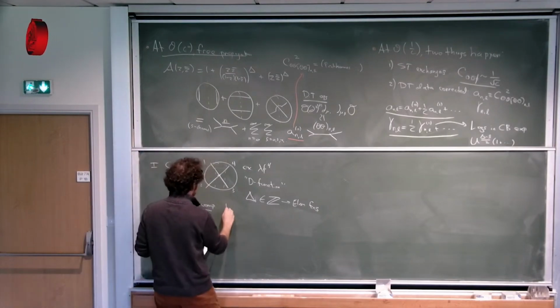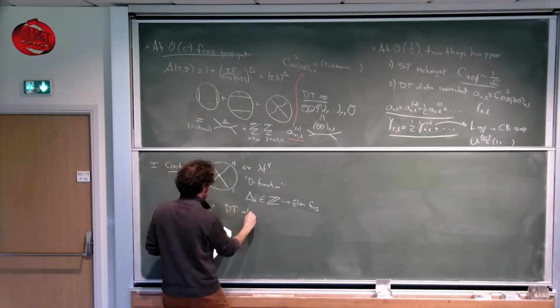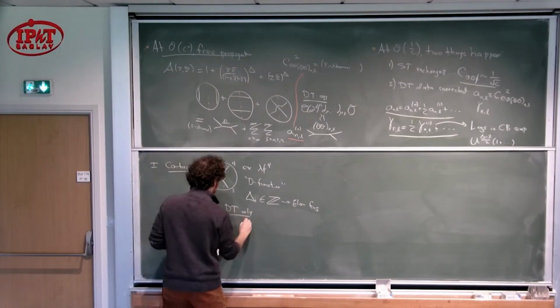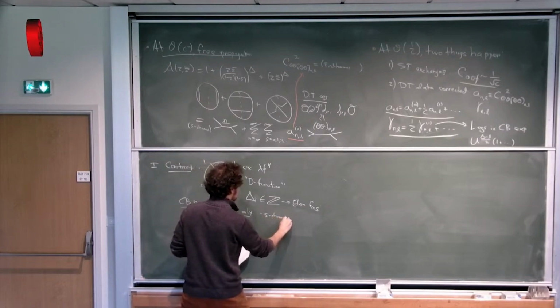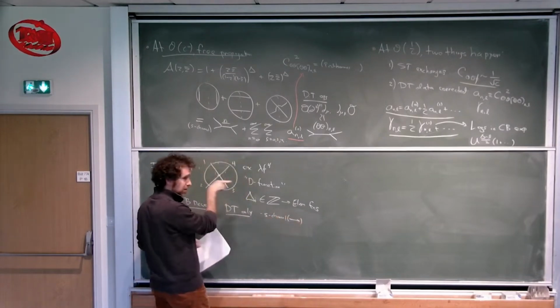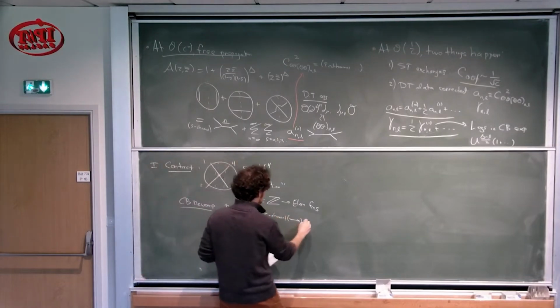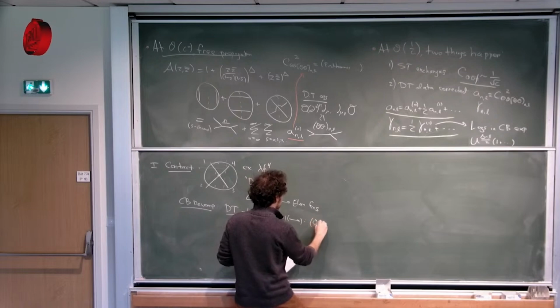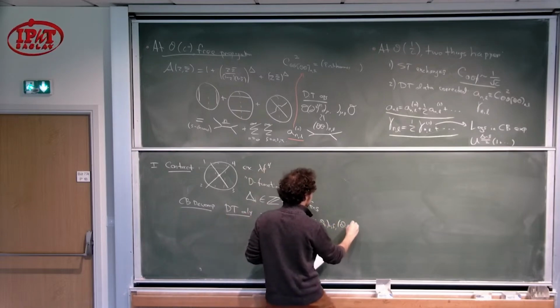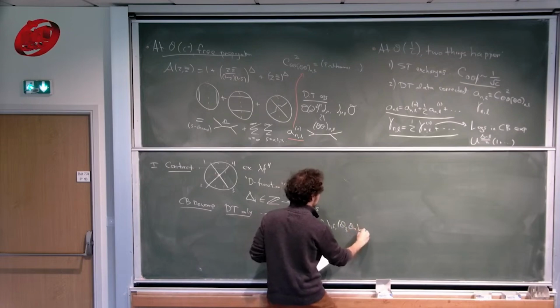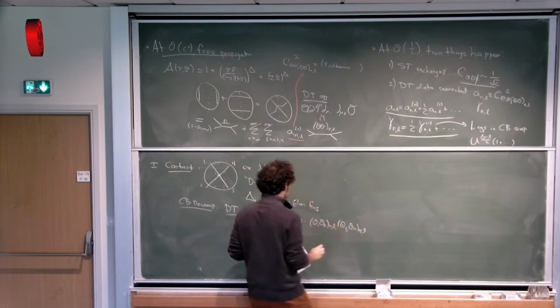So, double trace only. In the S channel, my convention is that way, you're going to get O1 O2 and O3 O4 exchanges.